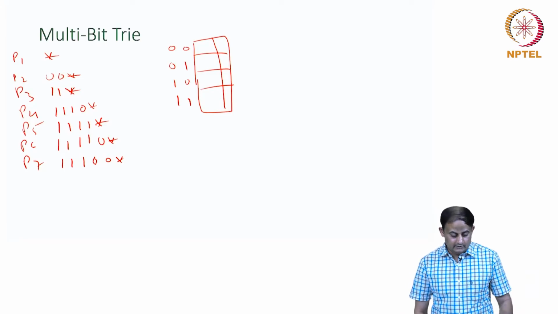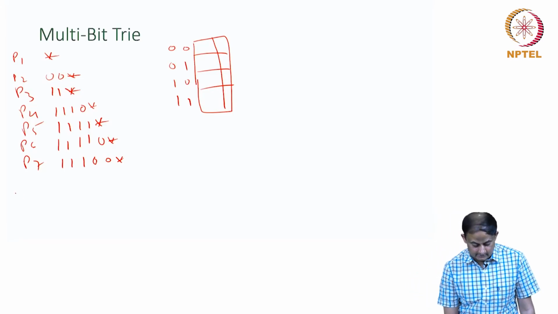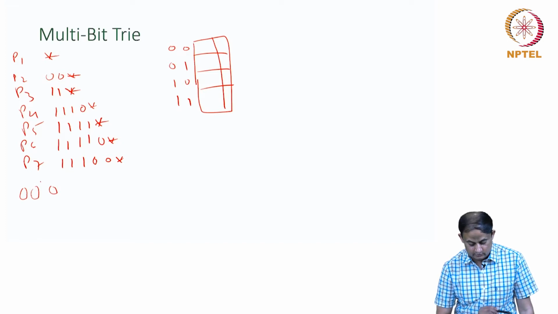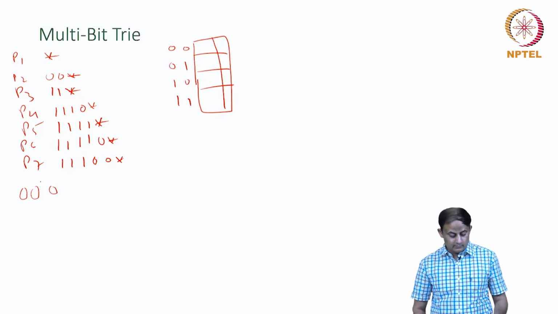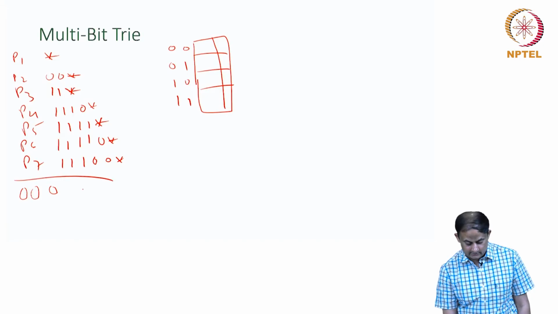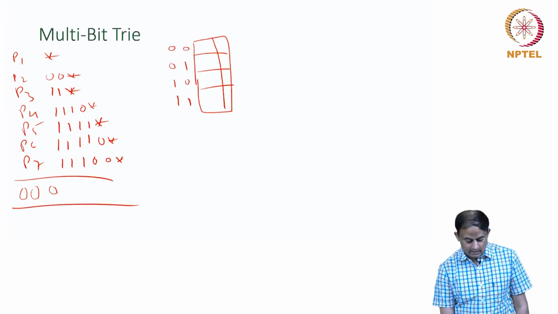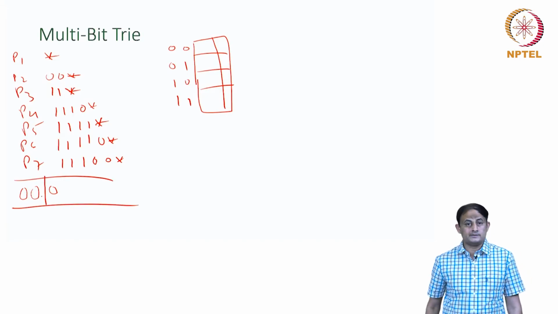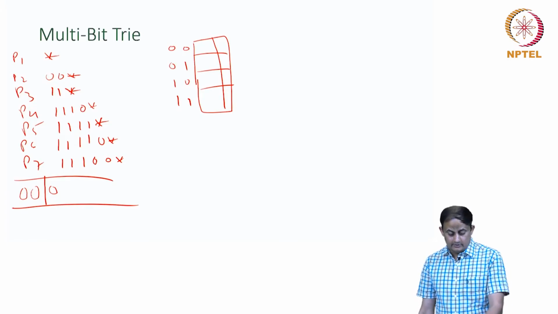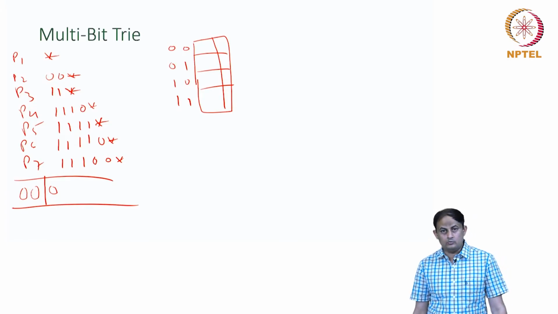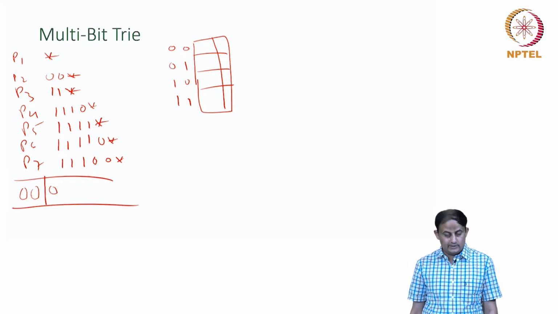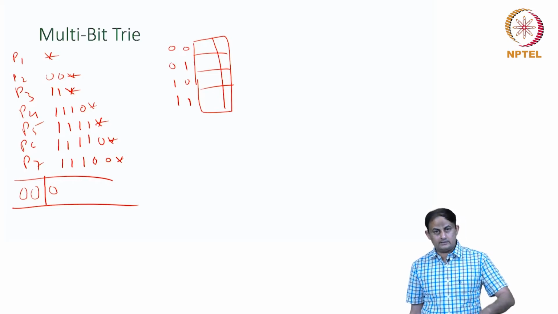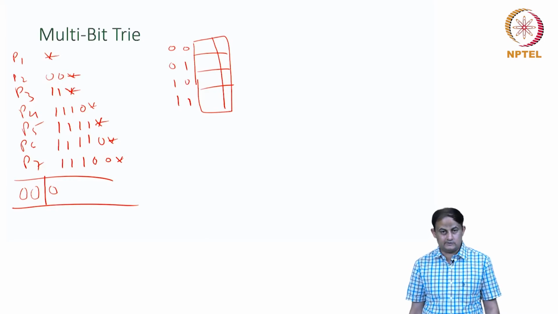So, for example, if I get an IP address which is starting with, let us say, 0 0 0, this is the destination IP address, and there is something else beyond this. I am going to take the first 2 bits and go to this table and ask, given these 2 bits, what is the best prefix match that I can find from among these 7 of them.